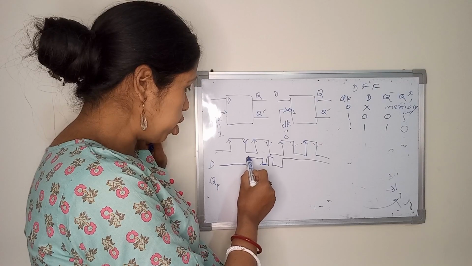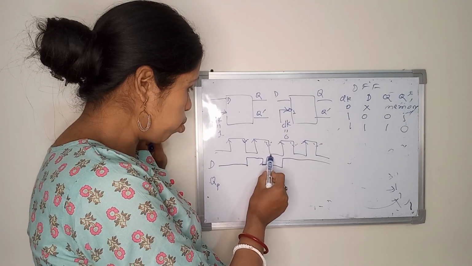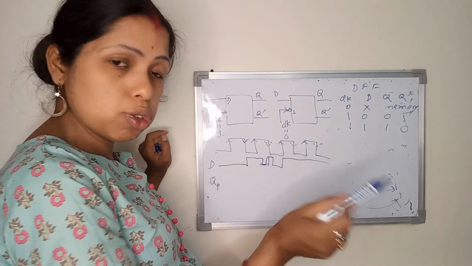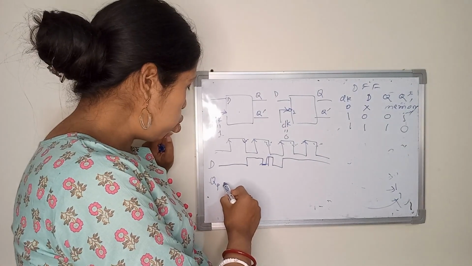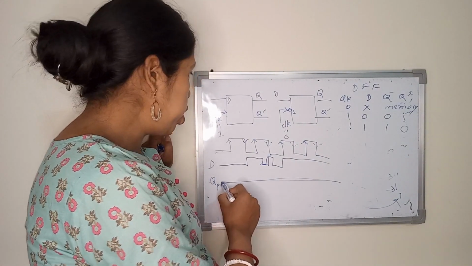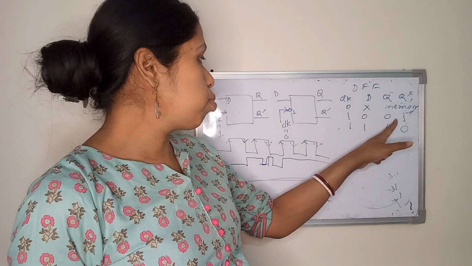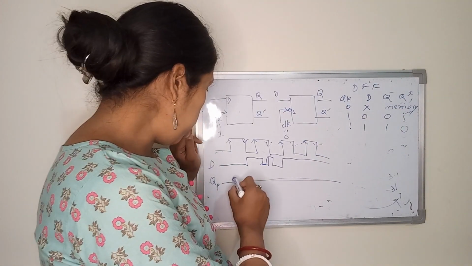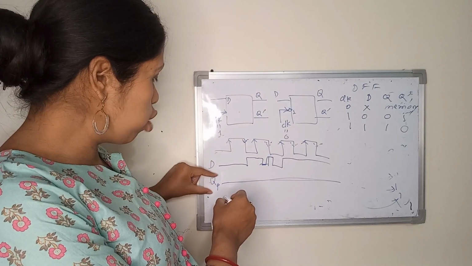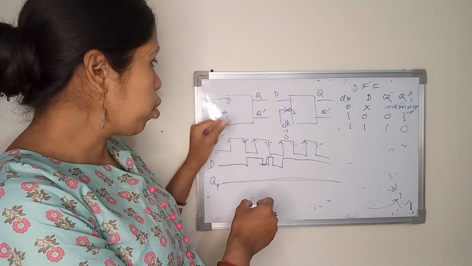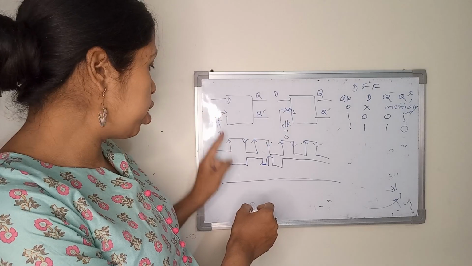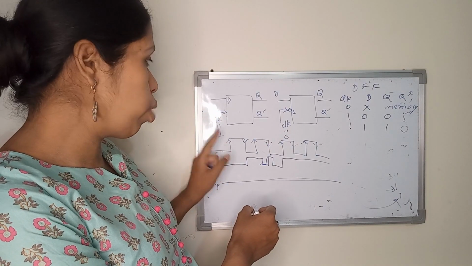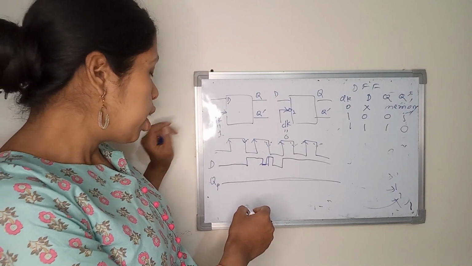D is 0, after that it becomes 1, then 0, 1, like this. In a D flip flop, the output is the same as the input only, right? So when will Q be changed? If there is a transition from 0 to 1, in the case of the positive edge trigger.